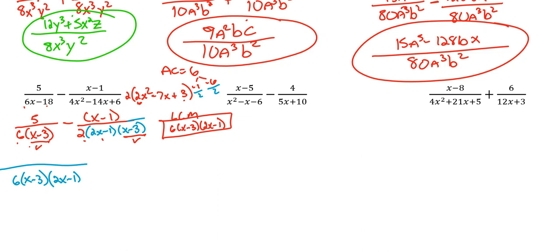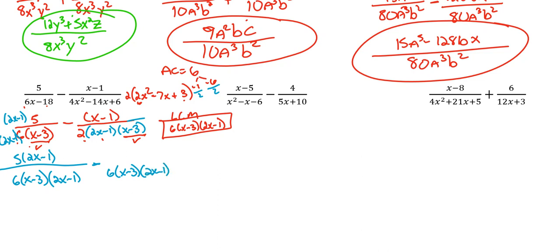What I multiplied by over here was the 2x minus 1. The top times 2x minus 1. I can just leave it like that for now. Minus 6x minus 3, 2x minus 1.